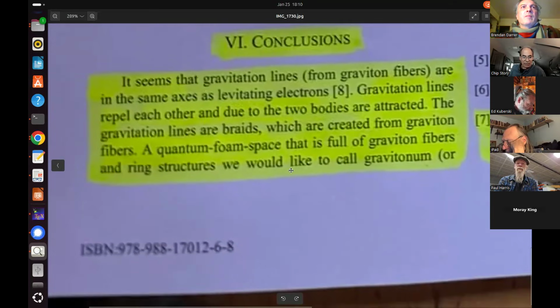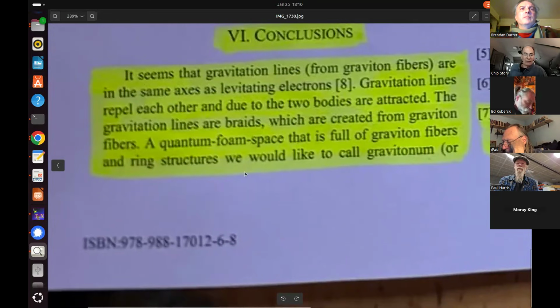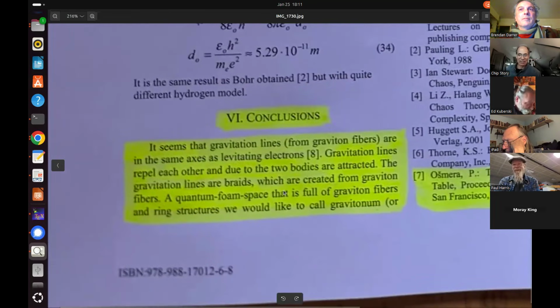Gravitational lines repel each other, and due to the two bodies, are attracted. Gravitational lines are braids, which are created from graviton fibers. Fibers is a metaphor. A quantum foam space that is full of graviton fibers and ring structures we would like to call a gravitonium. A gravitonium, I think, would be better.